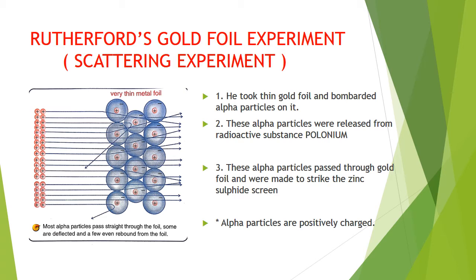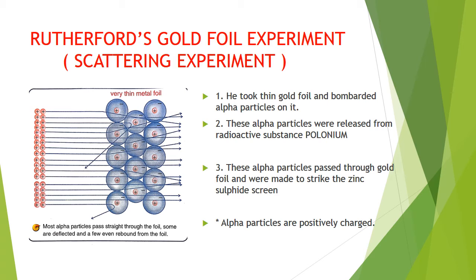Alright, now let's come to the main content, that is Rutherford's atomic theory. Rutherford performed an experiment which we today know as Rutherford's gold foil experiment and is also called alpha particle scattering experiment. In this experiment, Rutherford took thin gold foil and bombarded alpha particles on it.